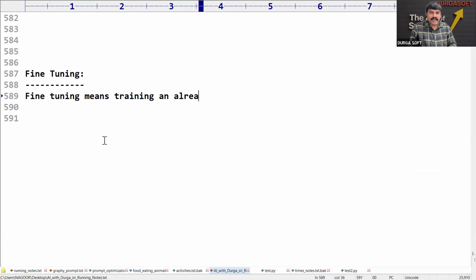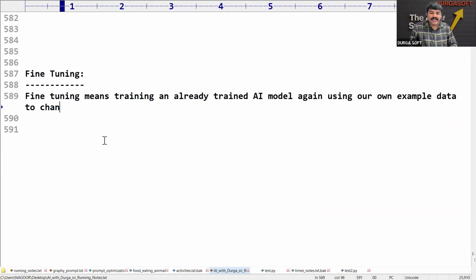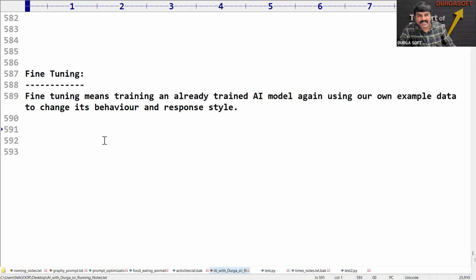training an already trained AI model again using our own example data to change its behavior under response style.